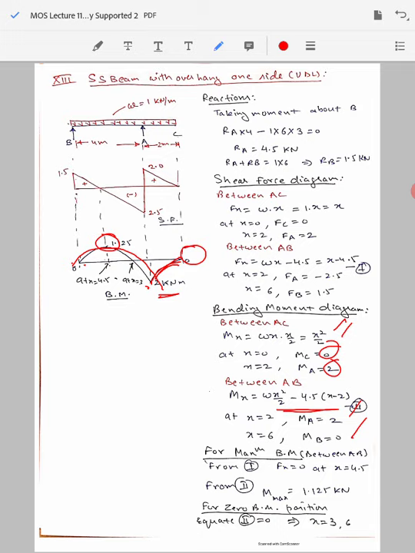What will be that point? Obviously, wherever the shear force is 0 in this span, that will be the point where you get the maximum bending moment. We know the shear force equation for this span is x minus 4.5.